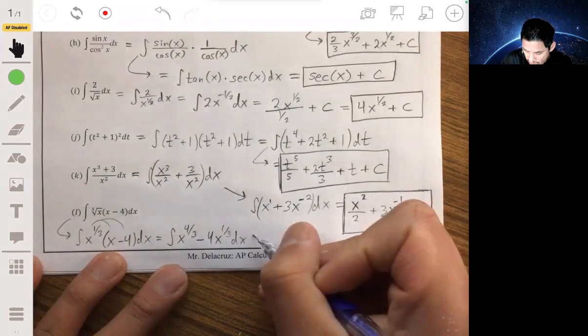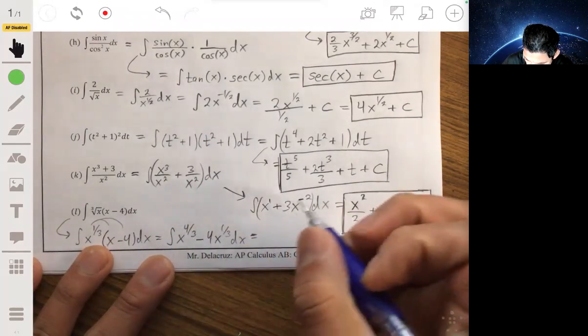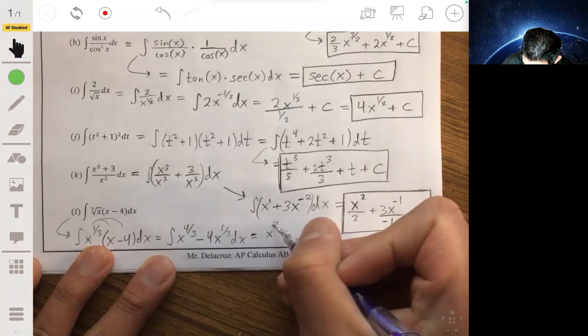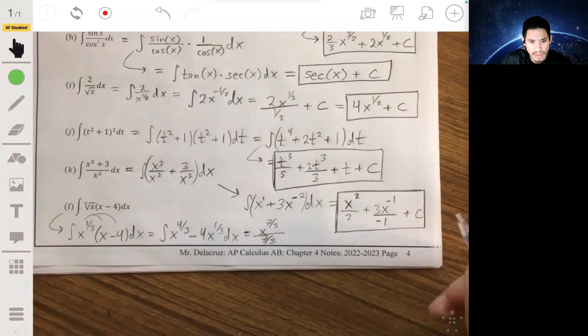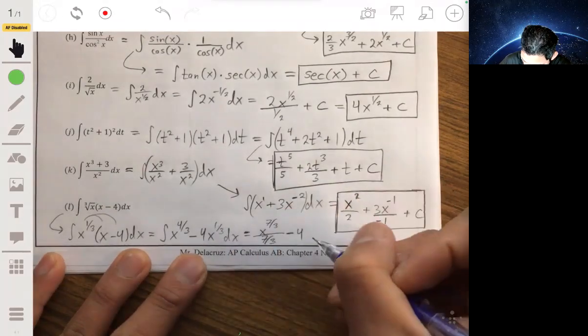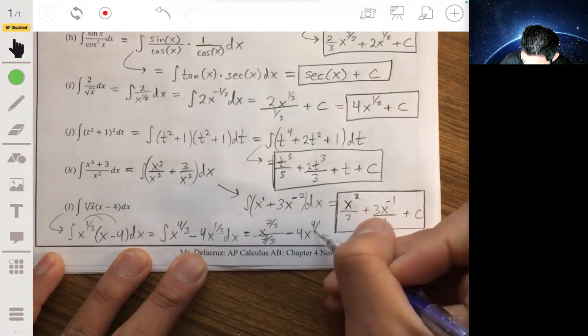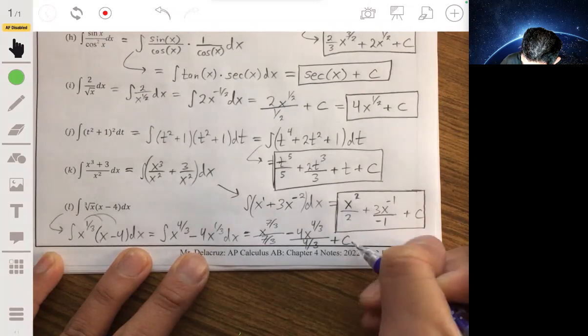Then from here, we can use the reverse power rule. Add 1 to the exponent here, and we're going to get x to the 7/3 over 7/3 minus 4 times x to the 4/3 over 4/3 plus c.